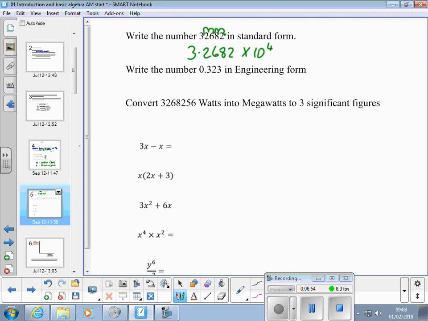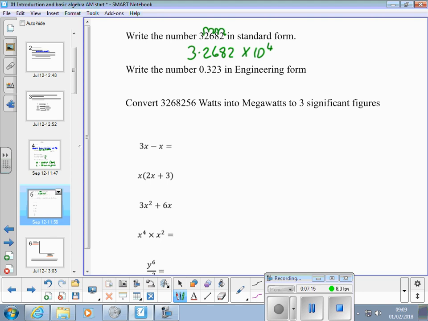Yeah. Standard form is a digit between 1 and 9, then the decimal point, and then a power of 10 at the end. Any power of 10.